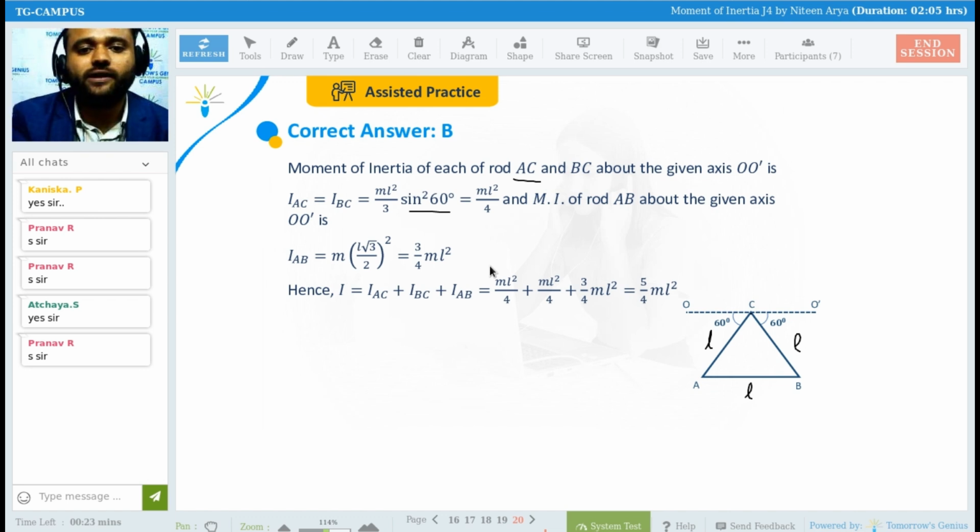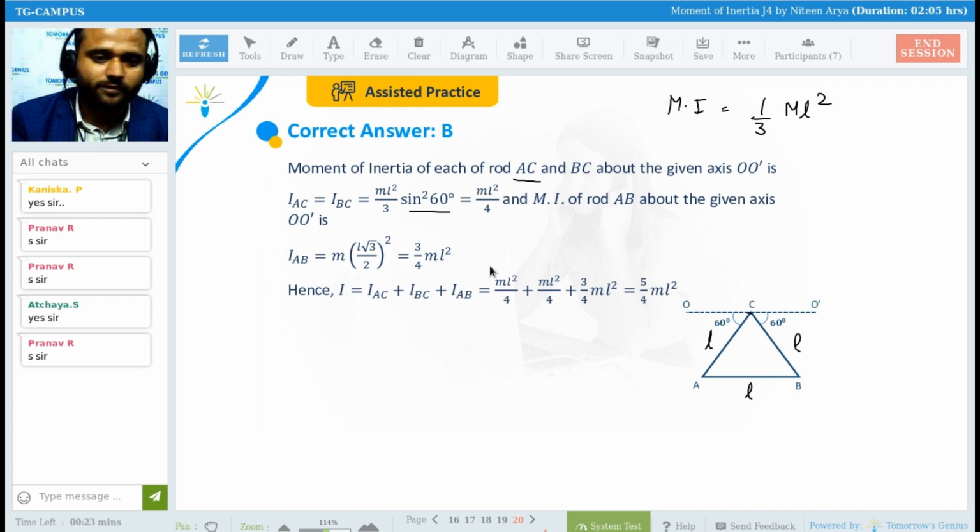About the OO prime axis, I want the sine component of this rod system. So it is mL square by 3, because I want to find the moment of inertia about one end. The moment of inertia of a rod about one end is 1 by 3 mL square.